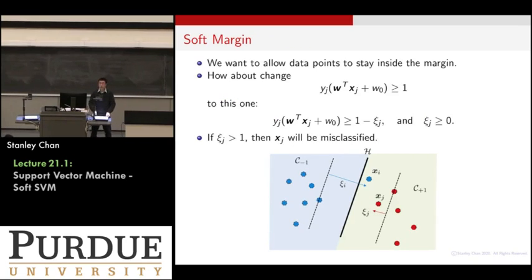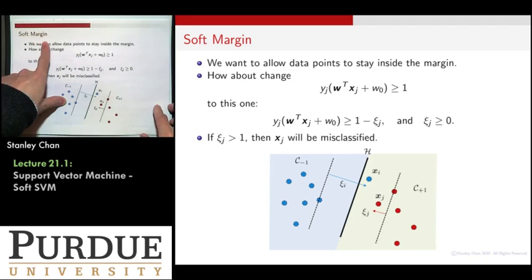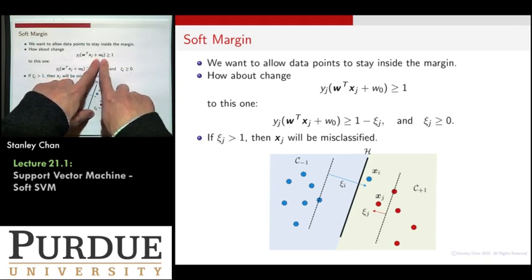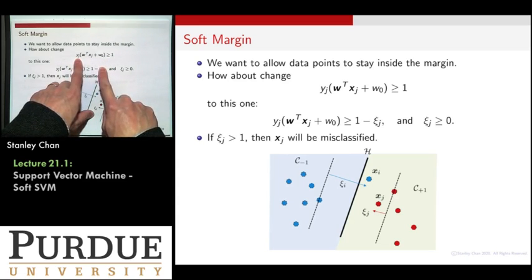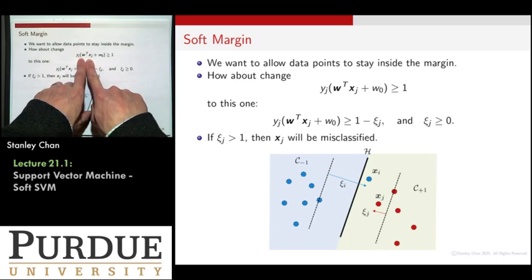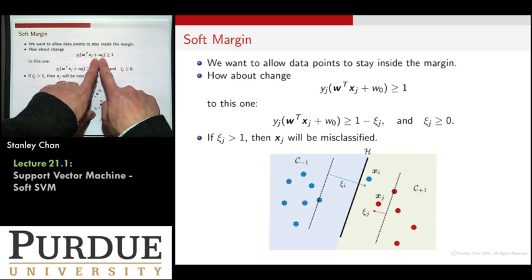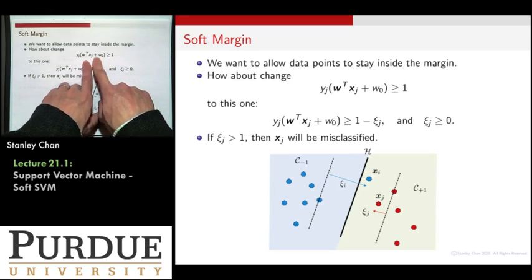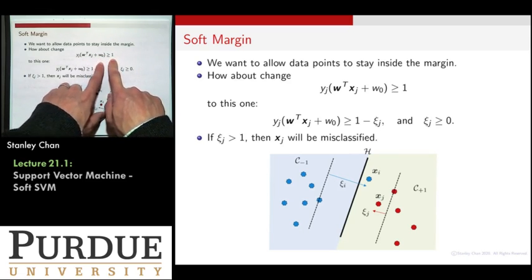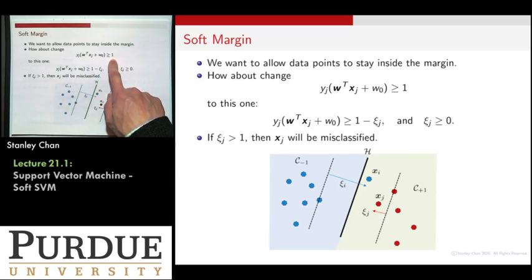To introduce this soft support vector machine, I need to introduce the idea of soft margin. Now, we go back to the original hard margin case, where the constraint is given by this equation: you have a label y, and a discriminant function w transpose x plus w0, and it has to be bigger than 1, in the normalized space, for all the samples so that you have a margin.